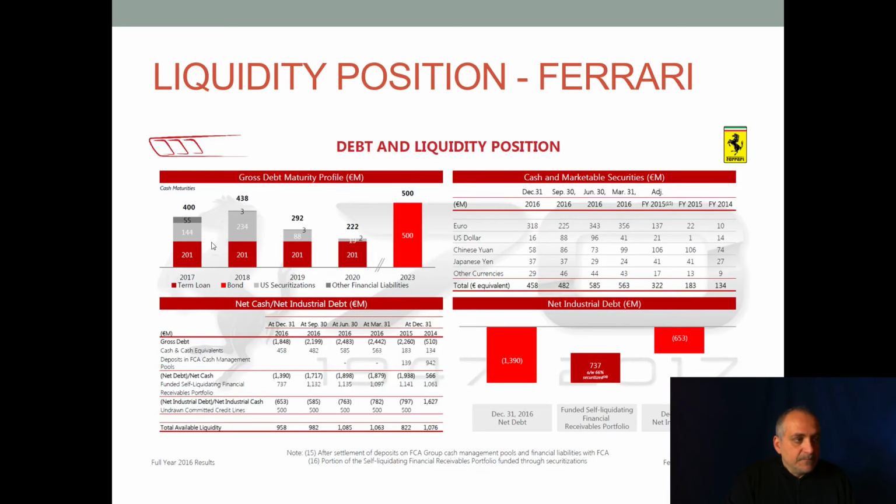This was produced in 2017, and we have maturities that go as far as the 2023 time period. So you know when the company will need to find liquidity in order to pay back these loans. It also tells you how the company is managing its liquidity.